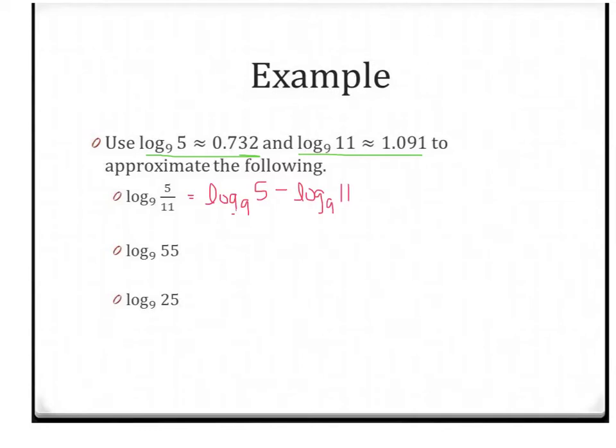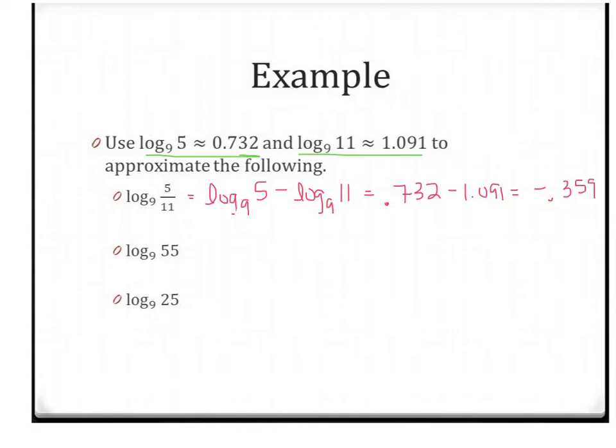This is the quotient property. Well, we know log base 9 of 5 is 0.732 minus, we know log base 9 of 11 is 1.091. And if we subtract those two, we get negative 0.359.